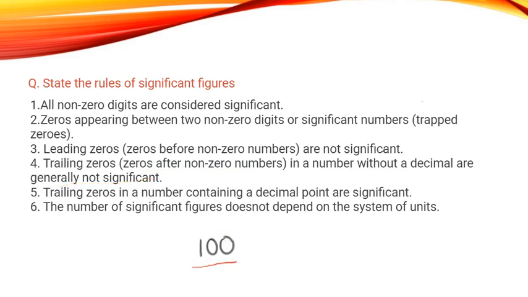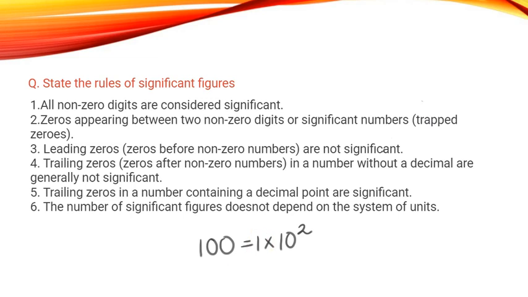Now note there is no decimal here. This condition is very important, without a decimal. So if you have a number without a decimal, now if I ask you to write it in terms of the power of 10, how will you write? 1 times 10 to the power 2. So you are confident with this number, no matter in whatever system you write.